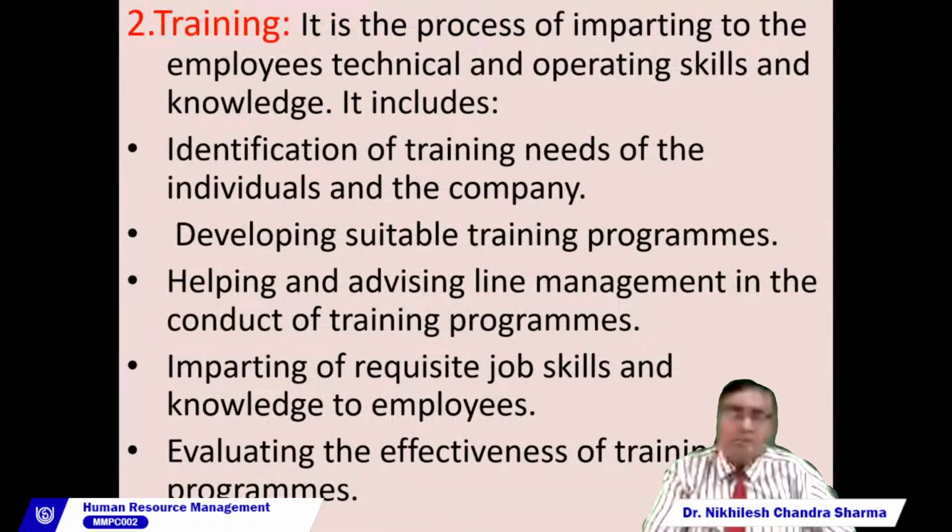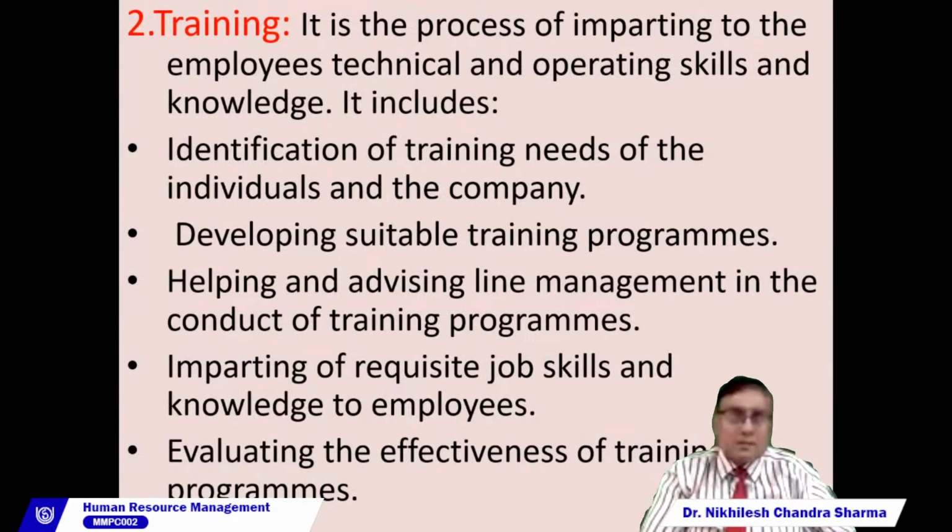Various types of training are available in HR practices. Sometimes internship, when students are doing an internship, is also part of training.